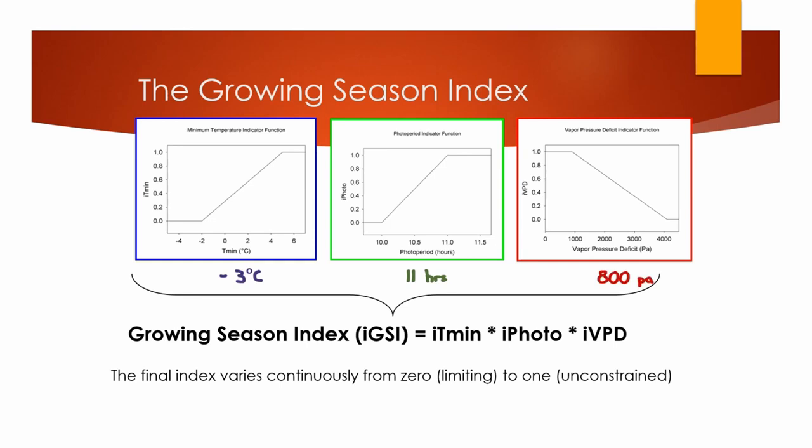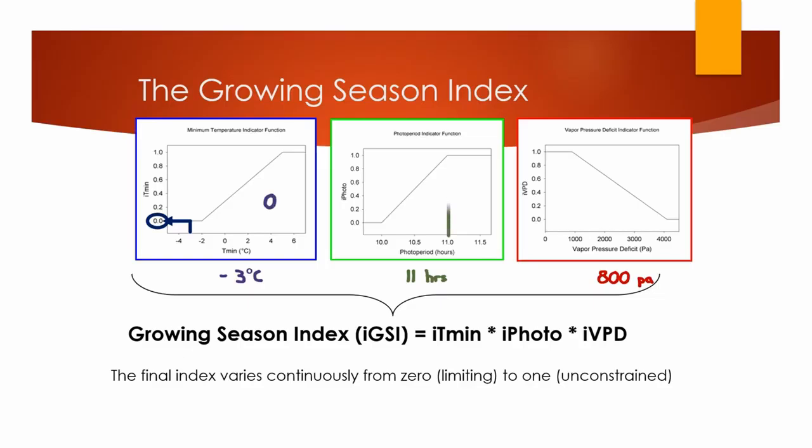If we look at how these functions work, we would say that we put this -3 into this function, and -3 is down here, which is below -2, which gives this indicator a functional value of 0.